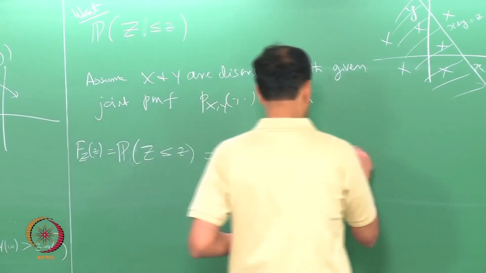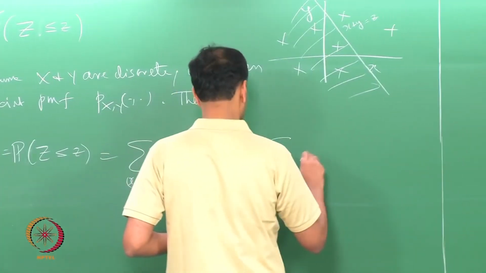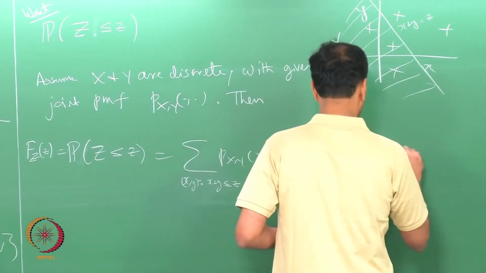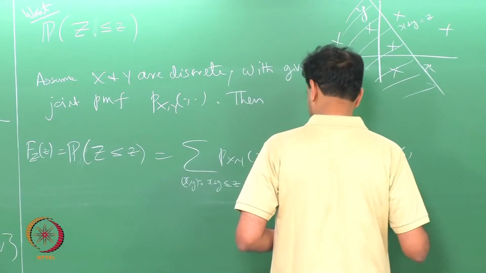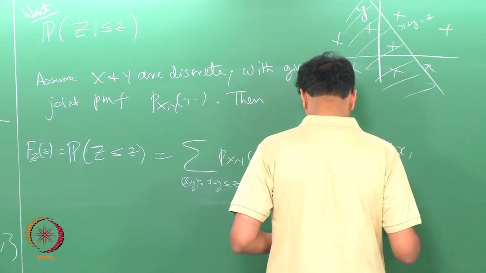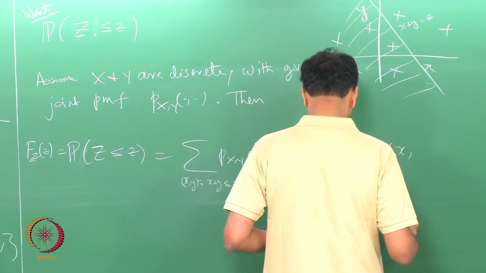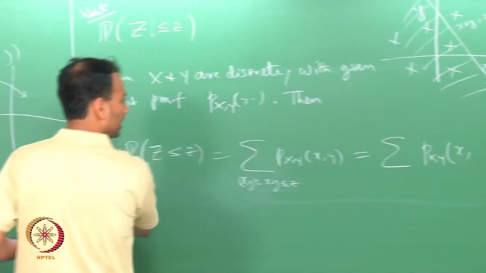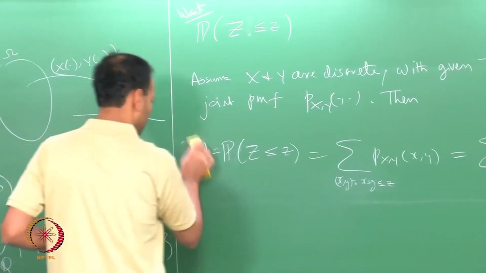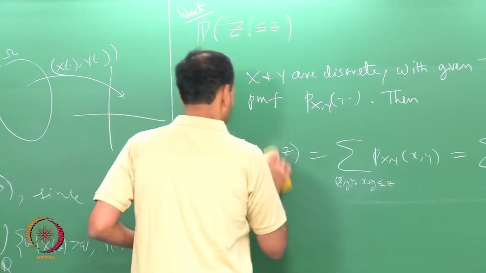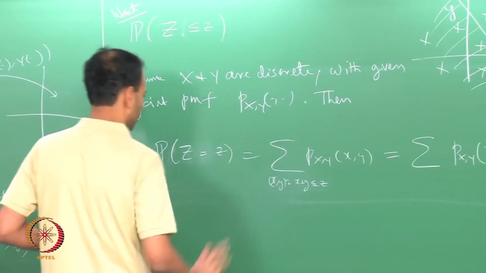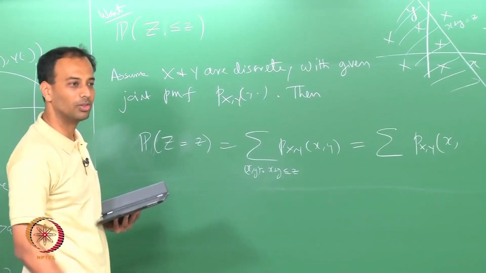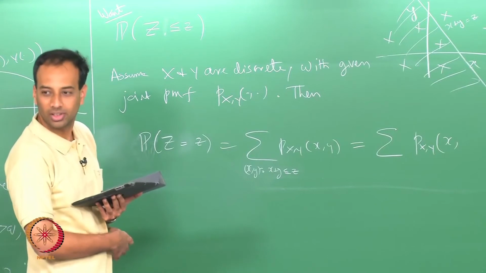Oh wait, so this is the joint CDF, isn't it. Actually, it is easier to do this differently. For the discrete case, Z after all will also be discrete, because X takes only countable values, Y takes only countable values, so X plus Y will take only countable values.